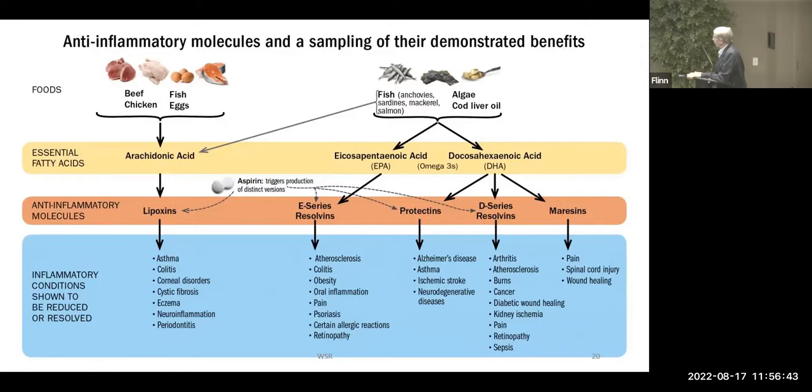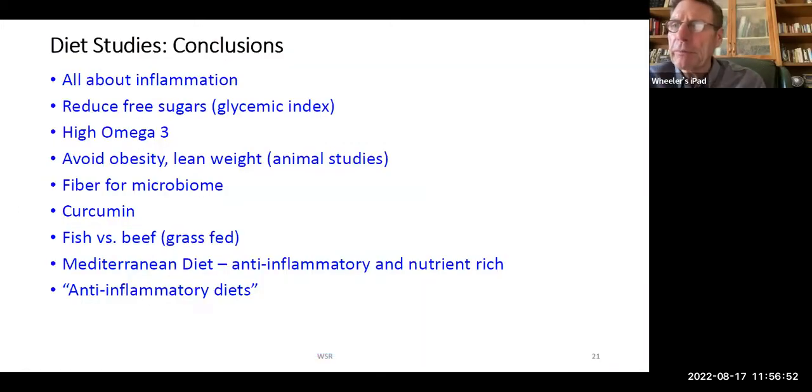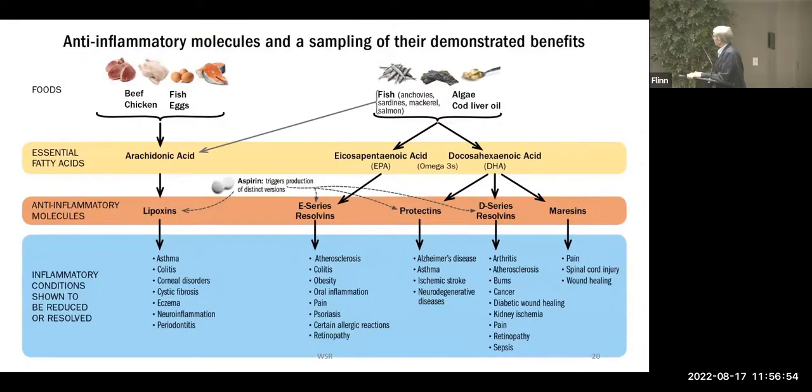So aspirin helps resolve inflammation via these molecules. Does that help, Steve? Yes, so it's an accelerant of the positive effect? Correct, right. And that's why aspirin has a beneficial effect in cardiovascular disease, because it helps resolve inflammation.